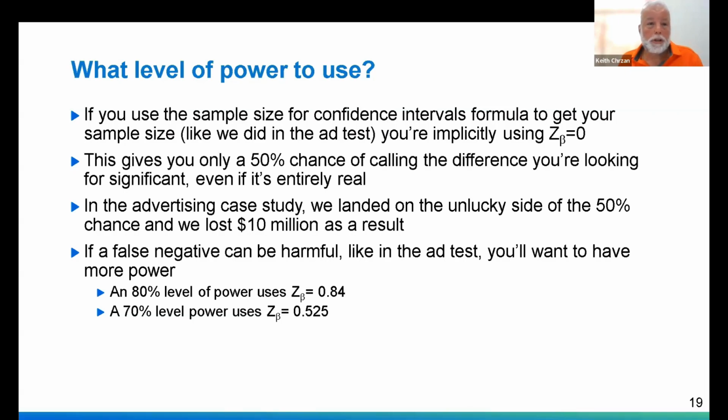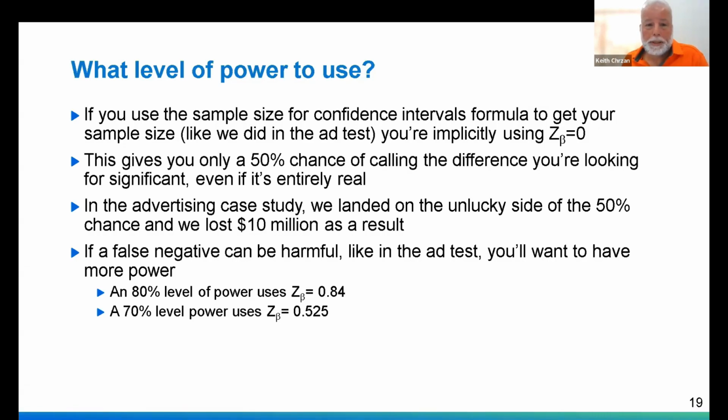What level of power should we use? Well, if we ignore power altogether, like we did in estimating our confidence interval, we're implicitly assuming that z beta is 0. That gives us 50% power. That gives us only a 50% chance of finding a successful advertising campaign, even if it really would be successful.